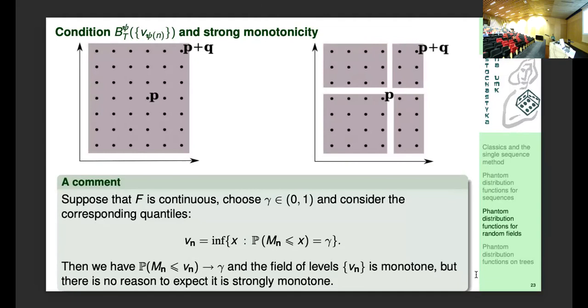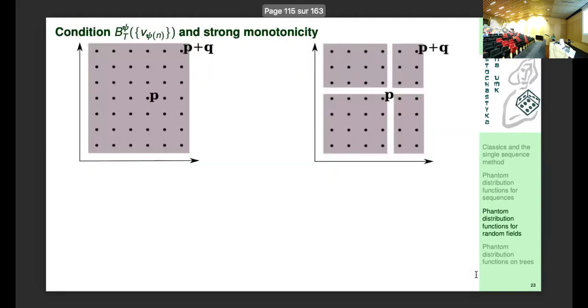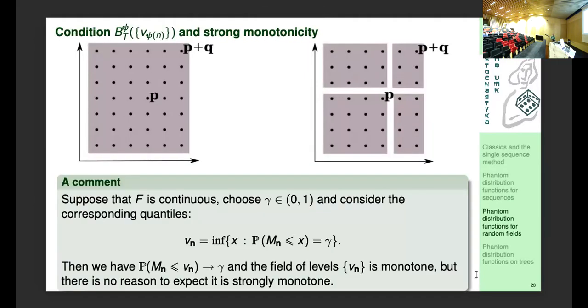But one comment is relevant here. This is a theorem, bringing a complete solution, in a sense, to our problem. Suppose that F is continuous, and we define Vn as the quantile. Then of course the distribution of Mn is continuous for each n. We can just take Vn as a kind of quantile of order gamma.